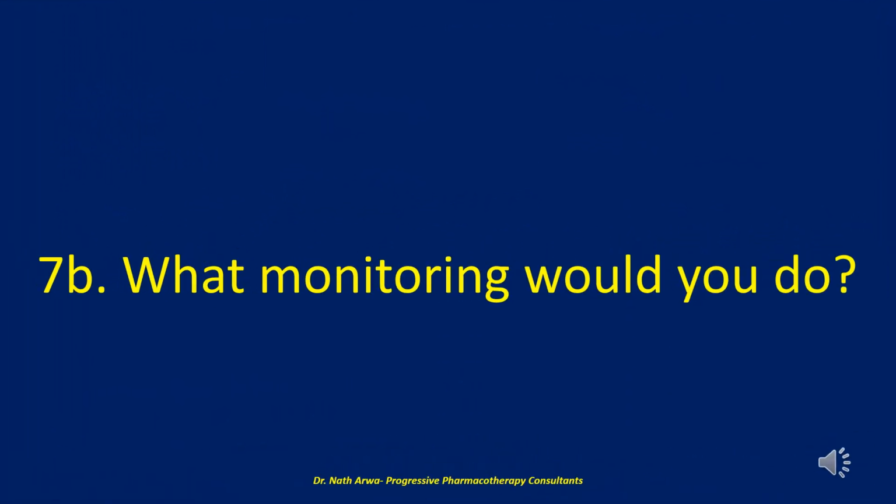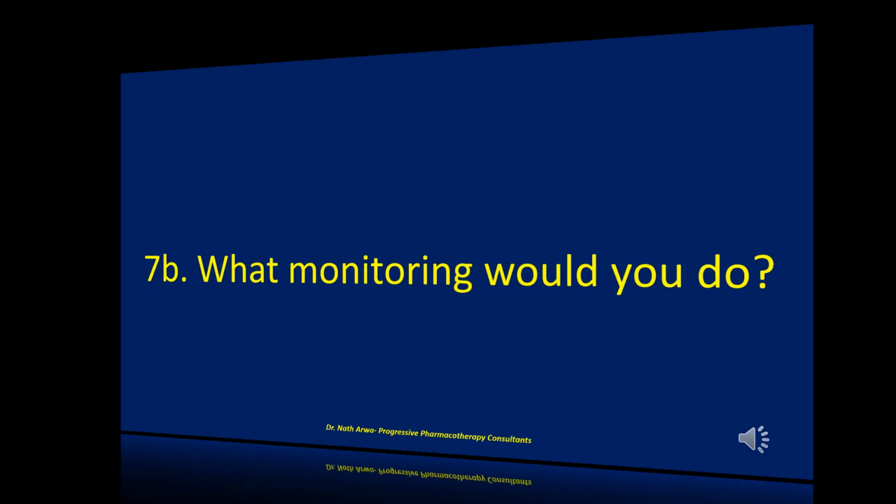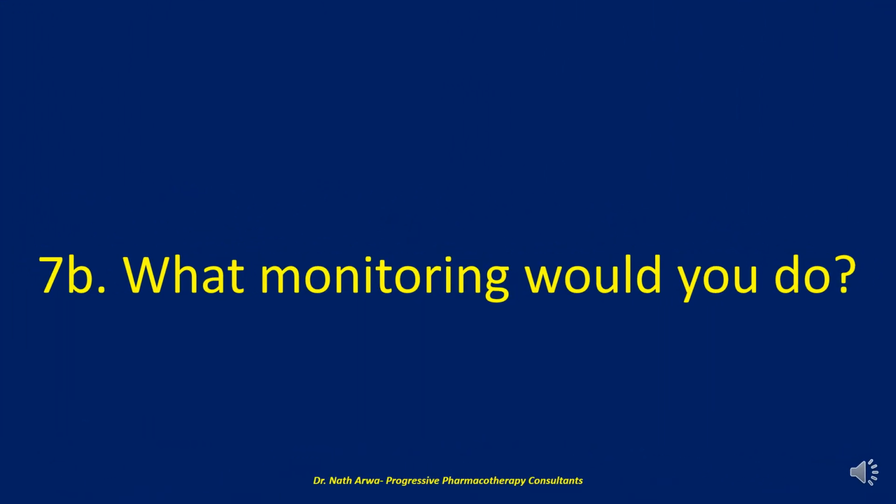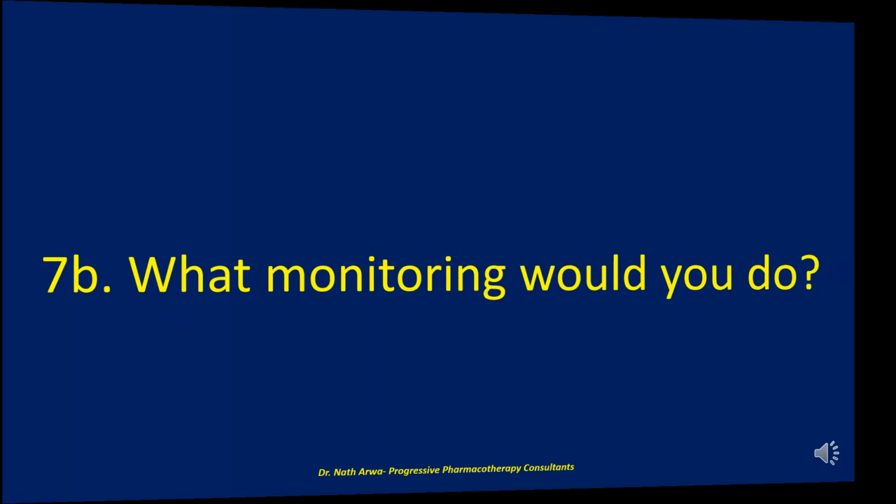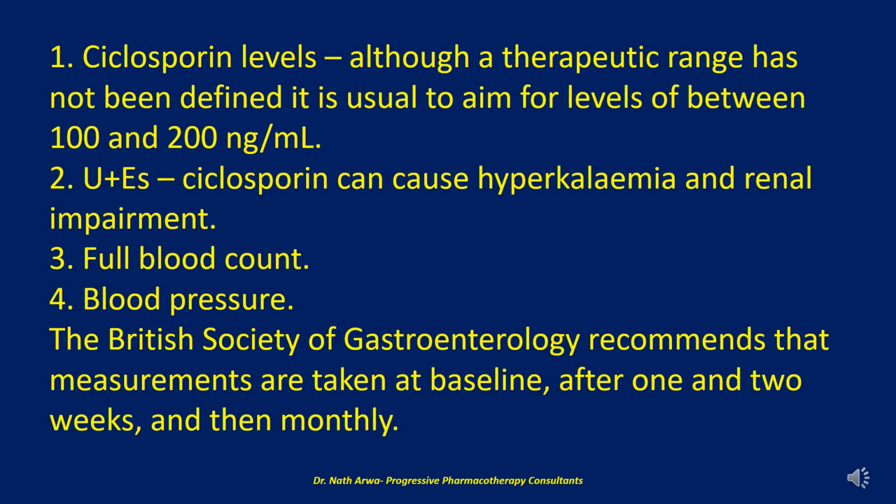Question 7b. What monitoring would you do? I would do the following monitoring. 1. Cyclosporin levels. Although a therapeutic range has not been defined, it is usual to aim for levels of between 100 and 200 nanograms per milliliter. 2.